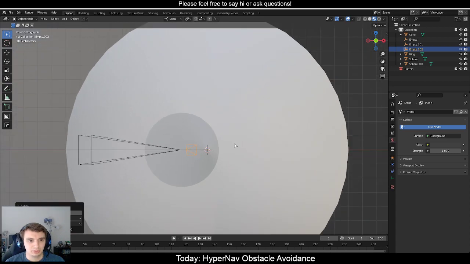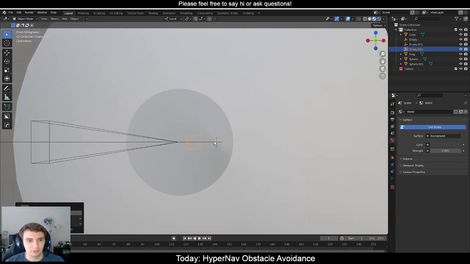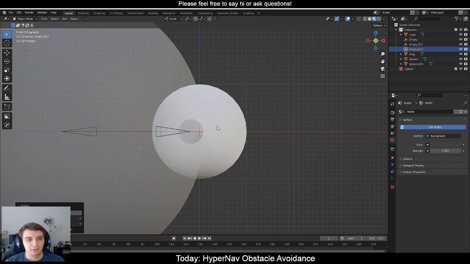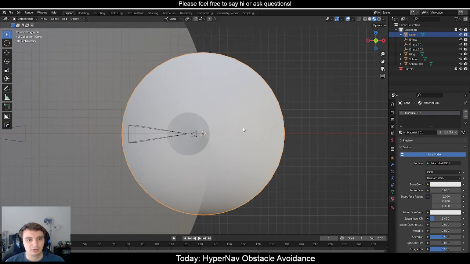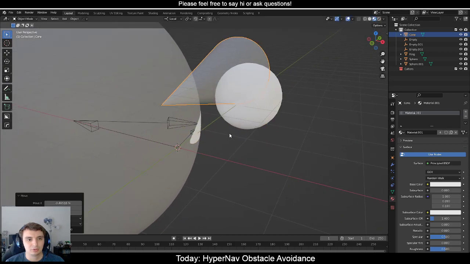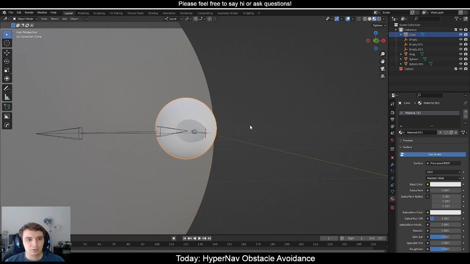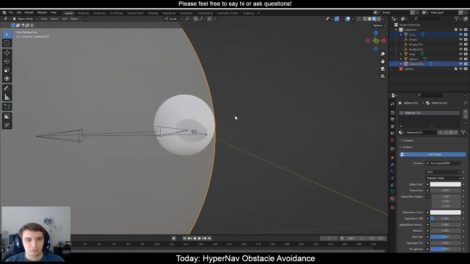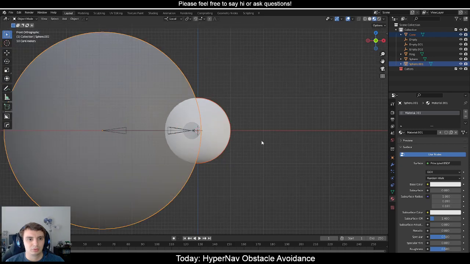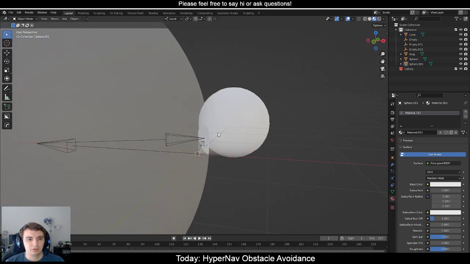Looking at this orthographically, from the view of the origin, we have a circle, but is it only a circle?